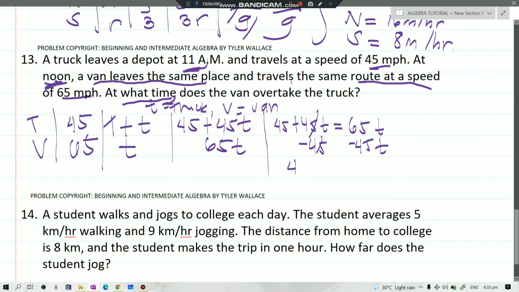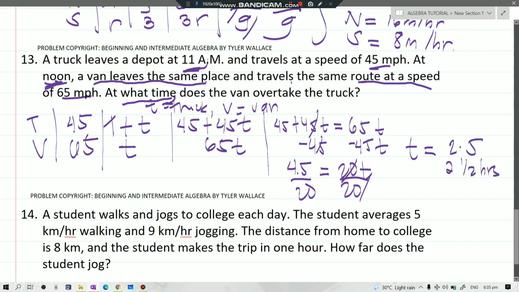So, we have 45 is equals to 20T. And we have 45, divide both sides by 20. So, we will get T is equals to 2.5. So, we have 2 and 1/2 hours.